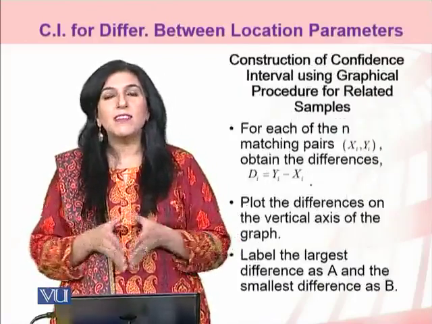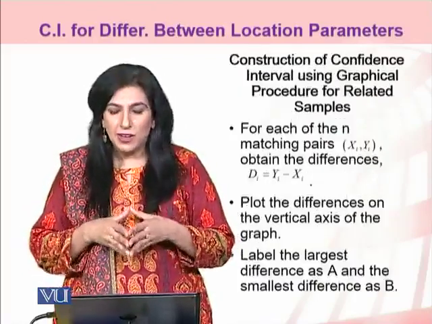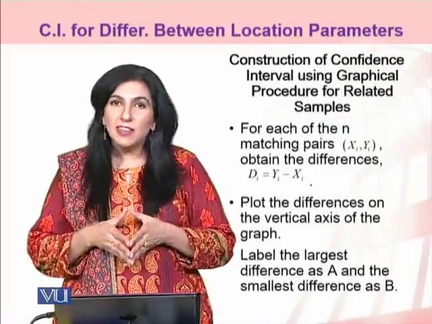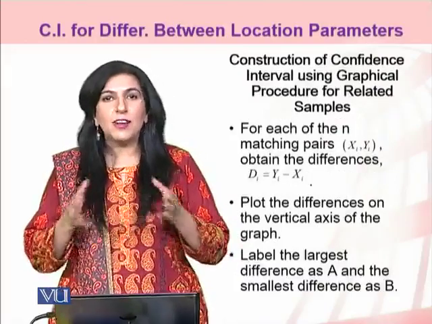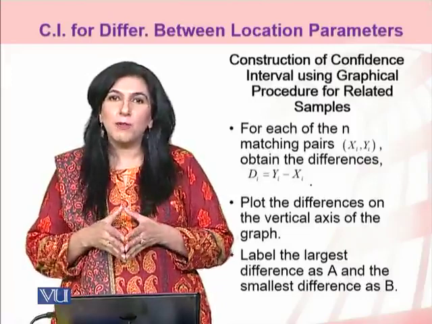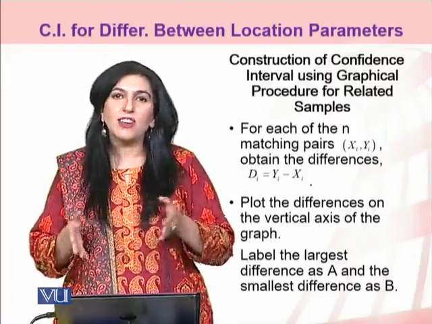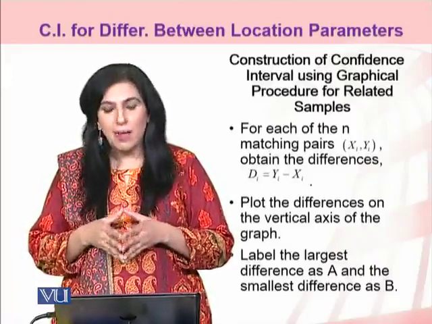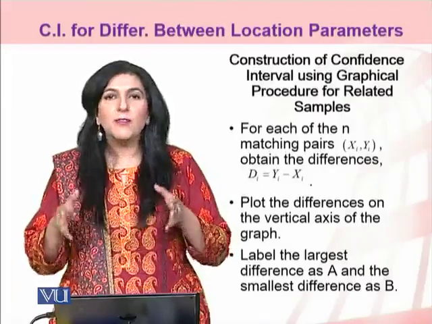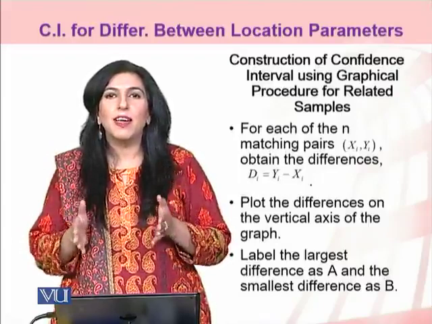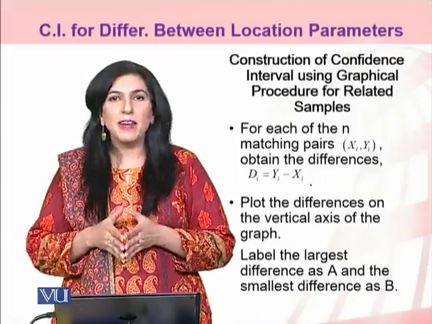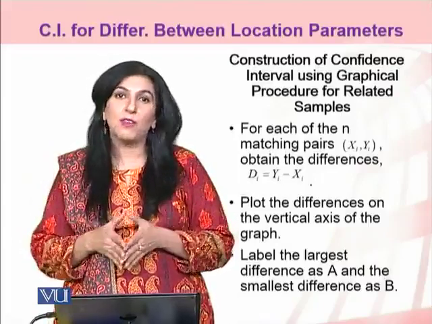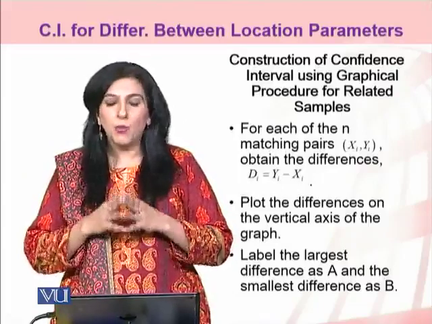Now, how to construct the confidence interval? There is a procedure that we need to discuss for developing the graphical approach for the construction of the confidence interval in case of related samples. So students, the first step is, we are assuming that we have n pairs of observations, xi, yi.